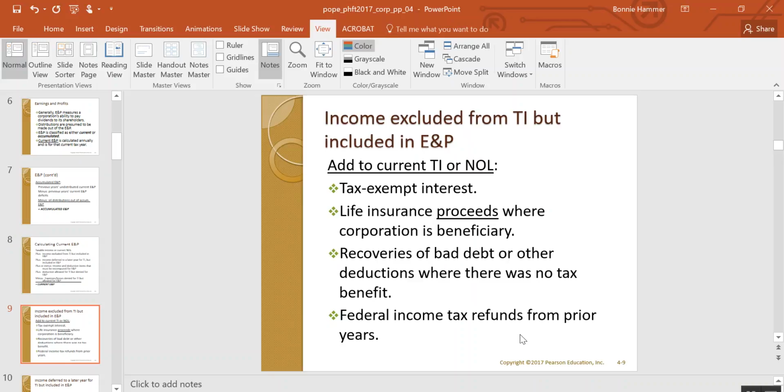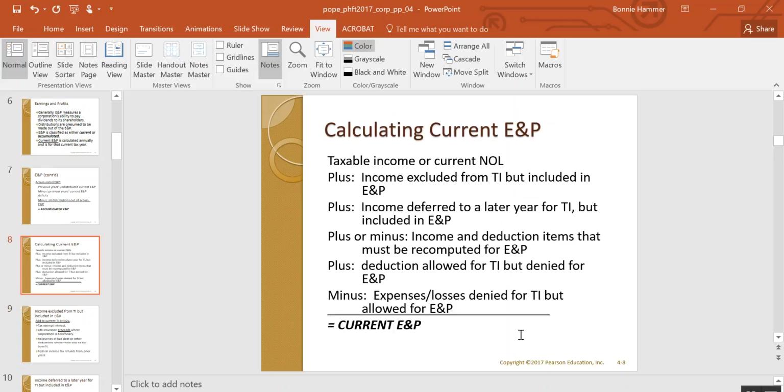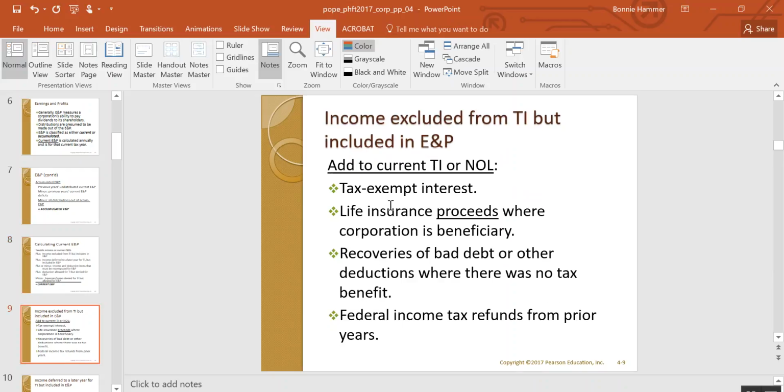Here are some examples of income excluded from taxable income but included in E&P. So in other words, even though you're not including these items in taxable income, you would add them into E&P, which means that when you start with taxable income, you would then add each of these items if you have them.